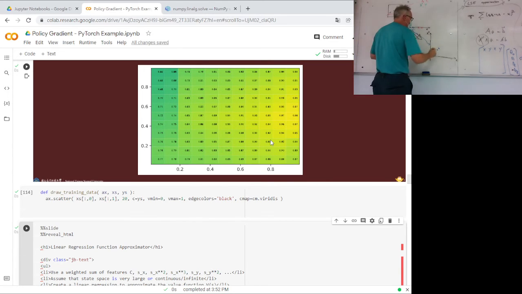And then these ones, these two. So this should now be a parabola. Right? Because it's x squared, so it should be a parabola.